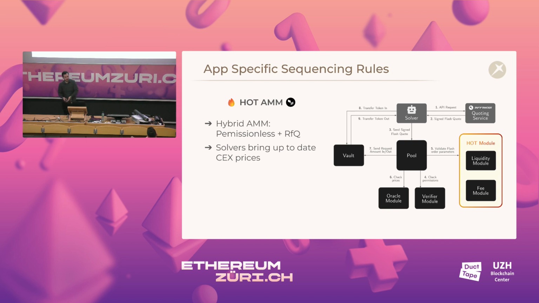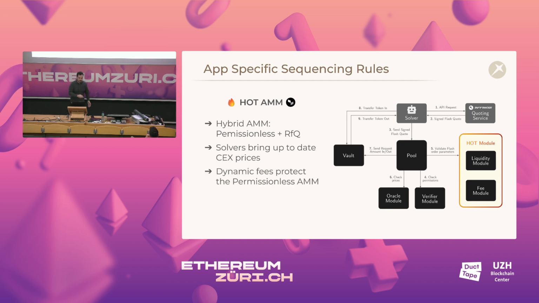And then we give them a signed quote, so they can take this ticket and use the liquidity in the pool to trade. So what you can do with this is actually eliminate all this CEX-DEX arbitrage, because if they tell you this is a CEX price and I will trade at this price, then they are trading at the actual price that other arbitrageurs would exploit as a difference.